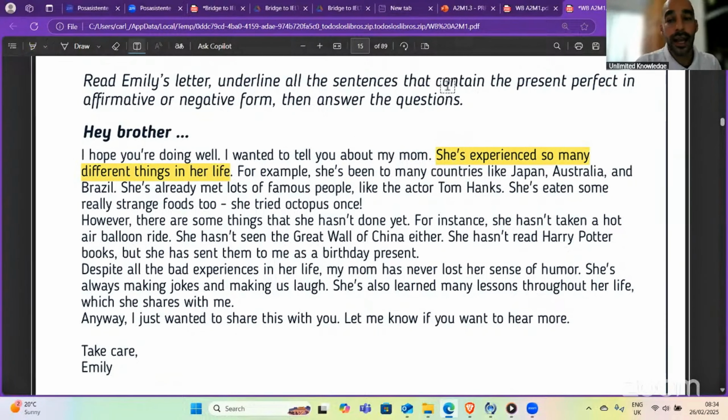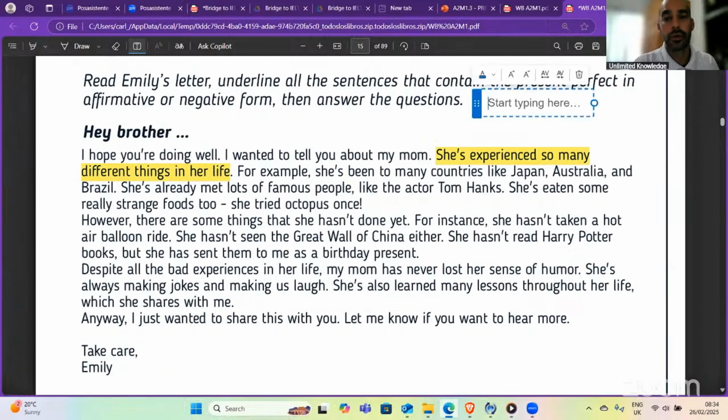What we can actually do as well is we can contract the affirmative. So here we have she has, and what we have done is just contracted it to she's. And this is a much more natural way of speaking. Native speakers, where they can, will always try to contract the words.